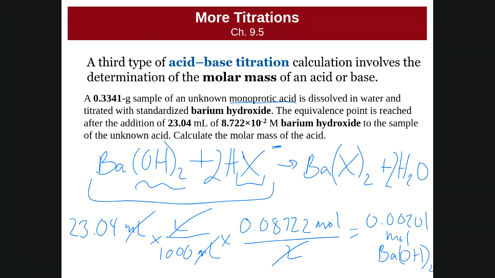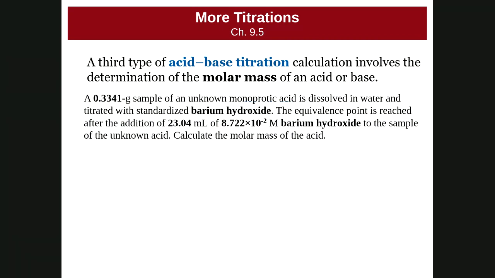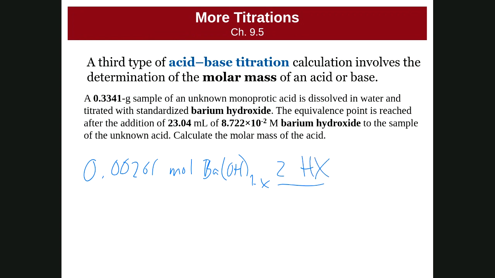All right. And from our equation here, we see that it's, like I said, a 1 to 2. So we take our 0.00201 moles of barium hydroxide, and we're going to multiply it by 2 to get moles of our acid, which I'm just going to keep calling HX.